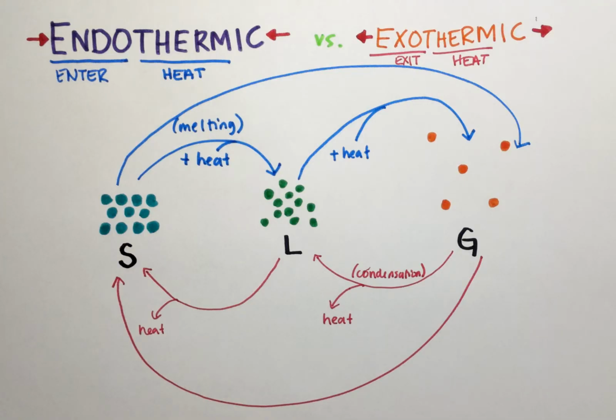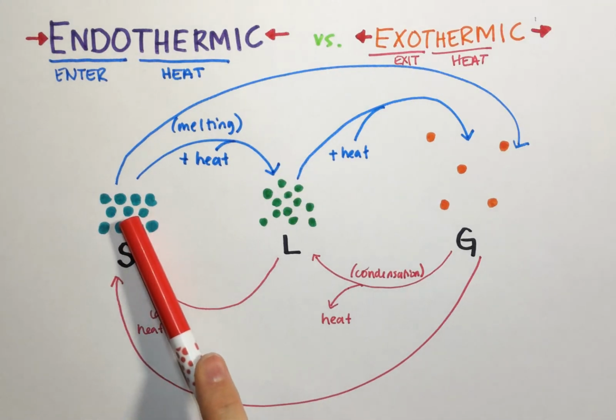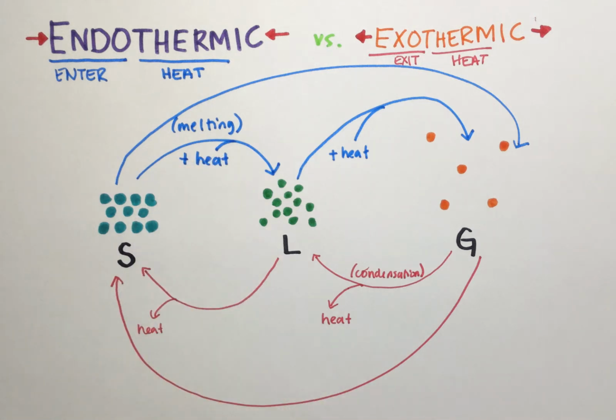So if you have an ice cube in your hand, that heat is flowing from your hand to the ice cube, and your hand feels cold. Endothermic changes often feel cold because heat is flowing from your hand into the change that's taking place. So that absence of heat, that heat that is being taken away from you, we perceive as cold.